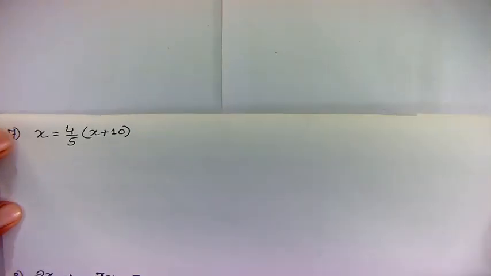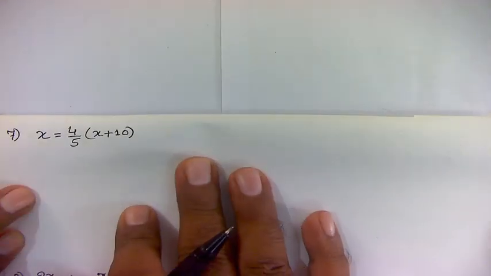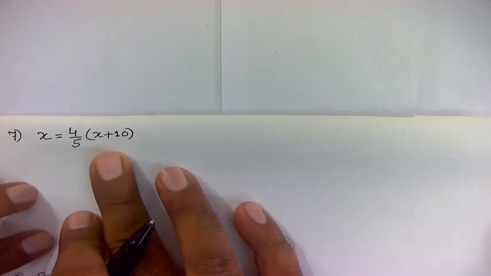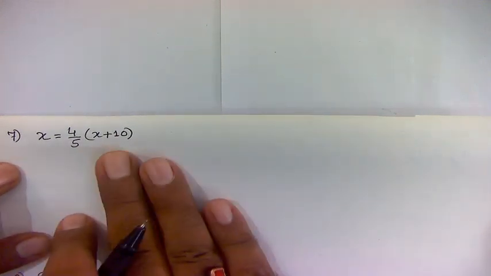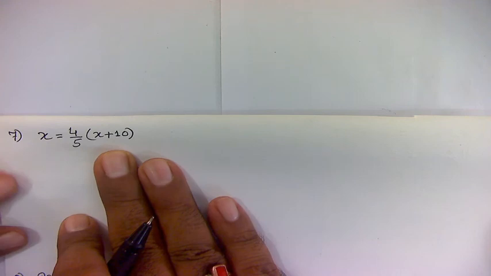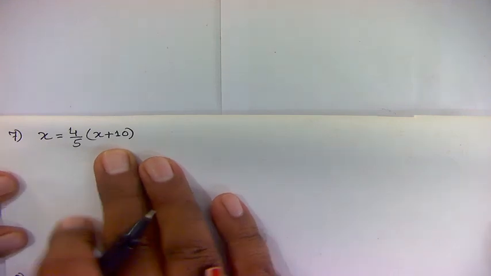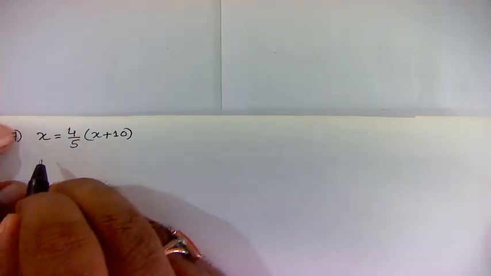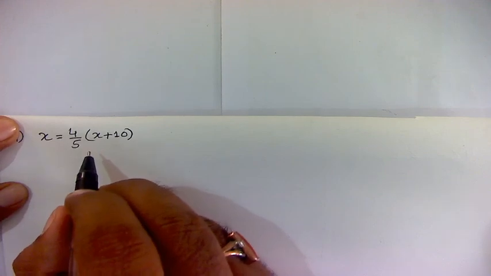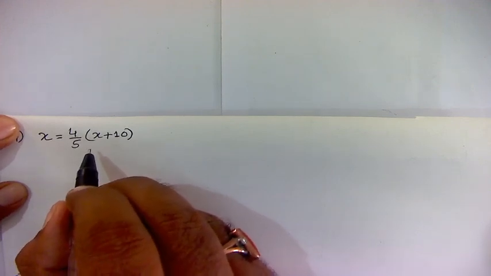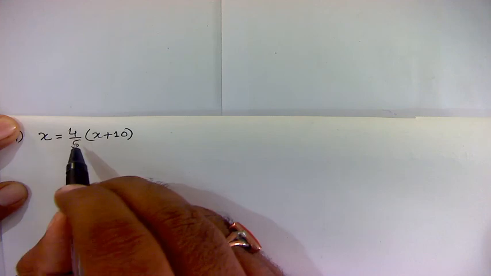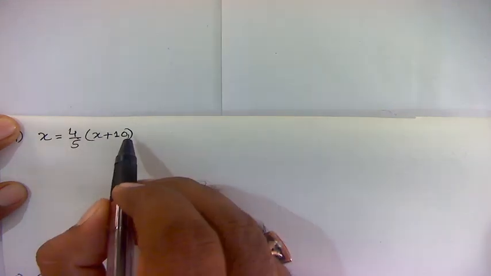Question 7 says x equals 4 upon 5 multiplied by (x plus 10). Now here again you have a bracket on the right side. So our first part will be to simplify this bracket.